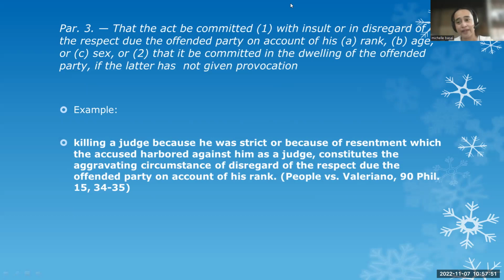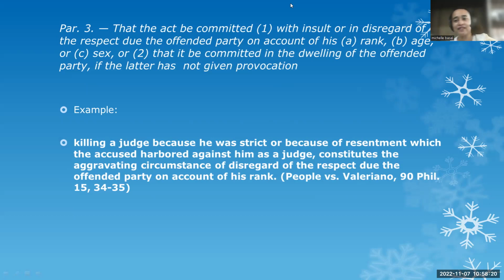Okay, so for example, likewise, a student slapping the face of his or her teacher, that's already an aggravating circumstance. There's also an aggravating circumstance there on account of rank, age. So that would be slander with an aggravating circumstance of obvious disregard of his rank or age. So the same with a judge.